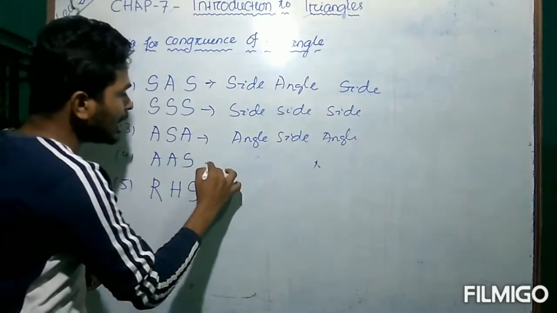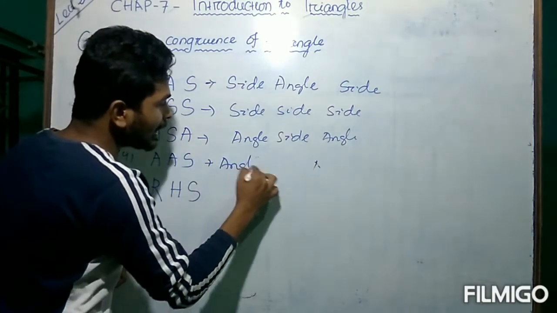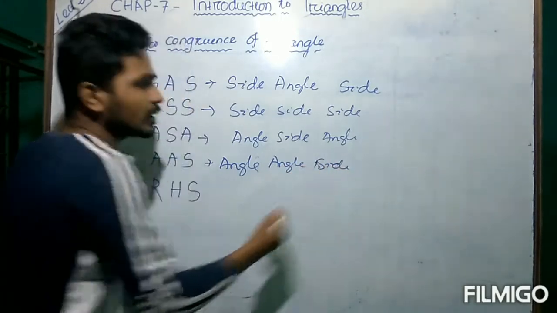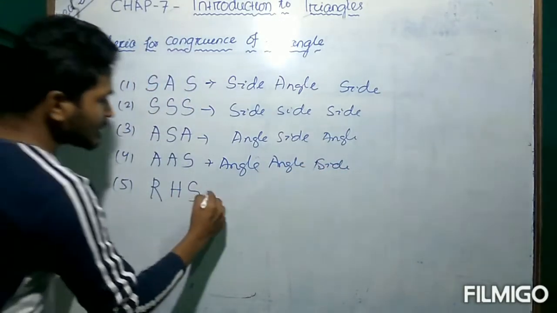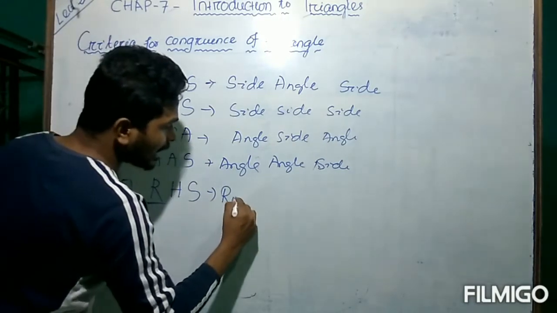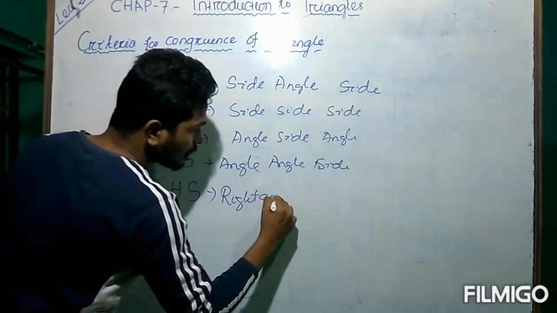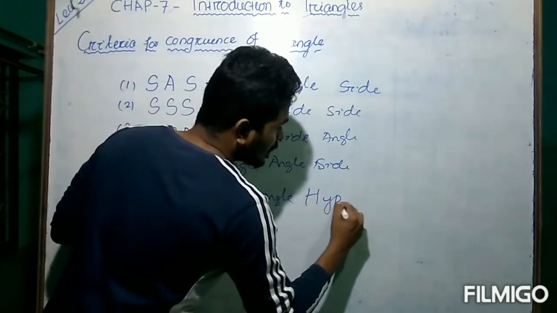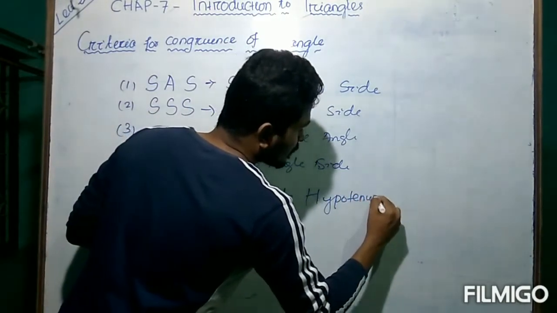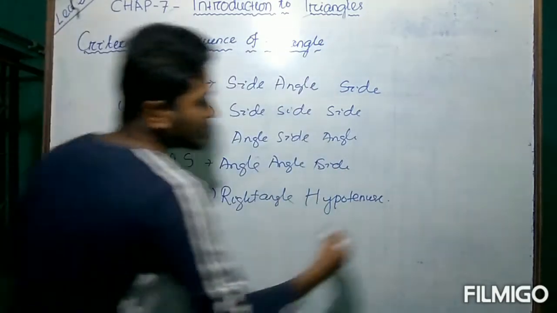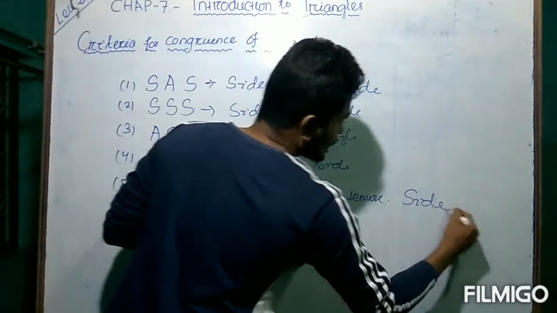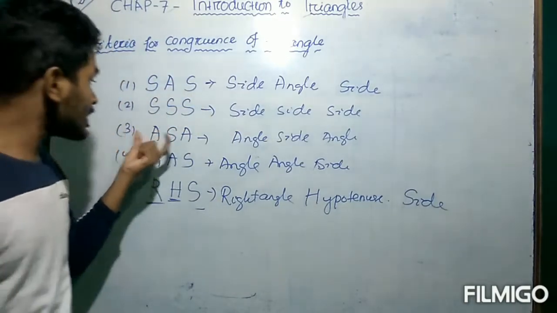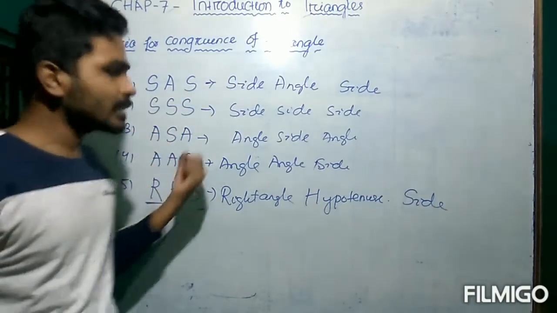AAS means angle, then angle, and then side. And last is RHS. R means right angle, H means hypotenuse, S means side. Okay, so these are the literal meanings of SAS, SSS, ASA, AAS, and RHS.